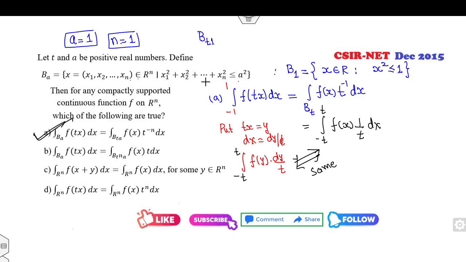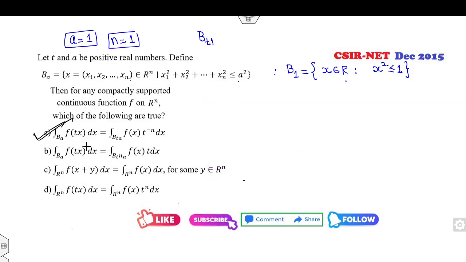Look at the second option. Again, I can simplify this first. That is B of minus 1 to 1 f of tx dx, or you can fix t also. Say t is my 2, that's your choice. So tx of dx, what is that? B into t of n into a. What is n? n is my 1, a is 1, so multiply is 1, multiply by t.